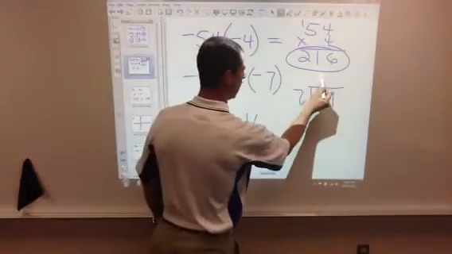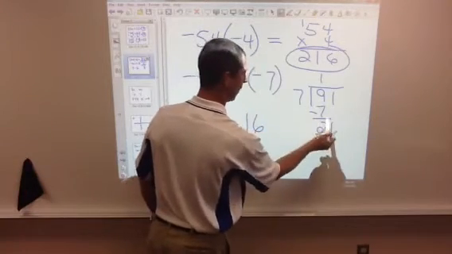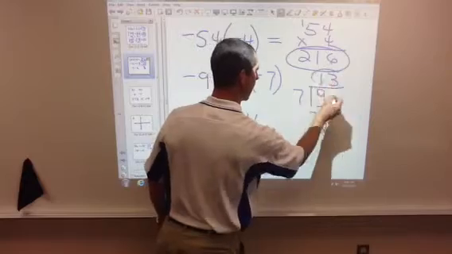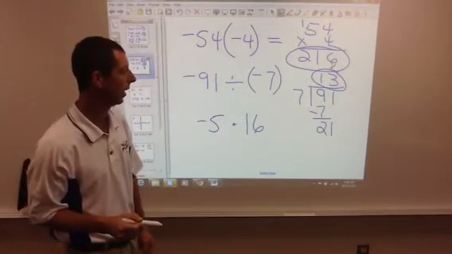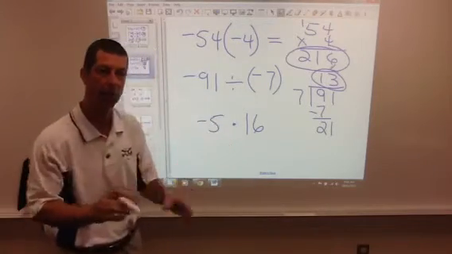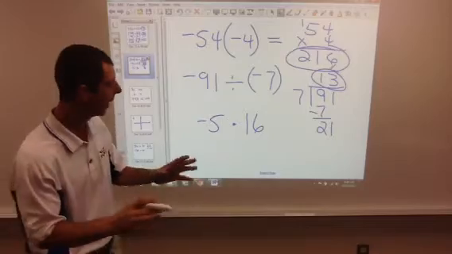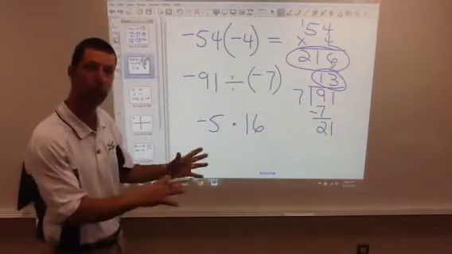So 7 goes into 9 once. I subtract here, bring my 1 down. 7 goes into 21 3 times. There's my answer. I feel pretty confident about it, whereas when you're doing it in your head, sometimes you don't have that feeling that you do when you've actually carried it out and broken it down step by step.